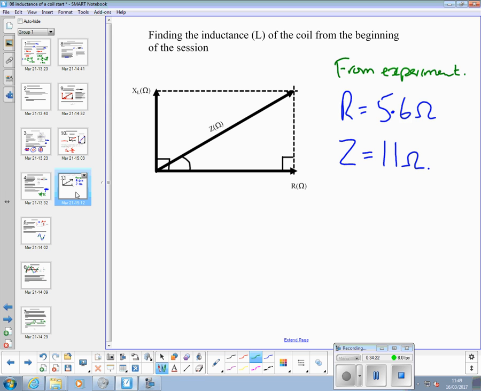Z squared. Let's write the formula down. Start with the formula and then rearrange it. So you got Z squared is equal to R squared plus XL squared.